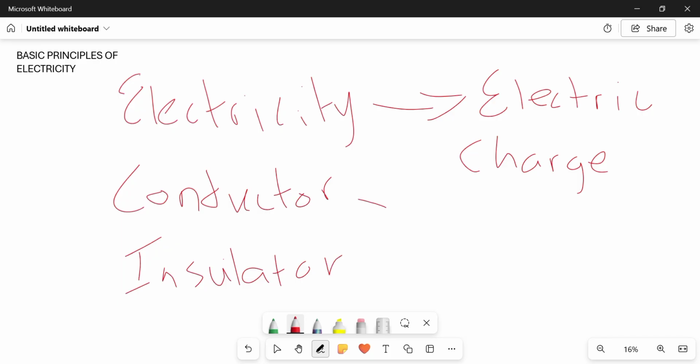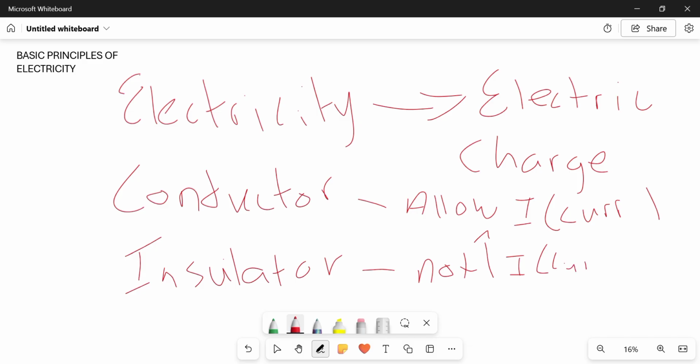A conductor allows current to flow through it, and an insulator does not allow current to flow through it.